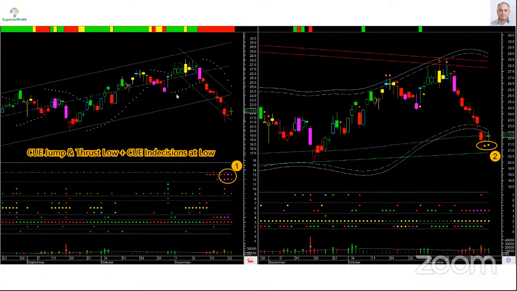Next, jump and thrust low, that is extension low with indecision at the low, kind of bullish reversal. So here we have jump and thrust low, both jump and thrust, both are at low level. Recovery is likely, and then it is showing indecision at the low.